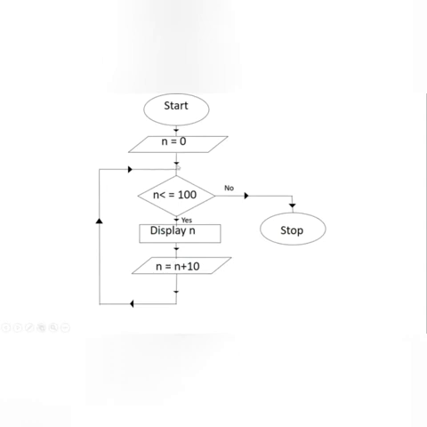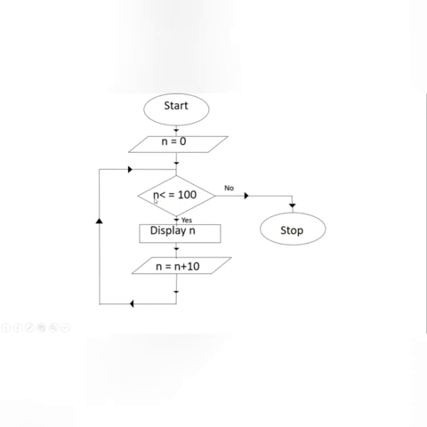The cycle repeats, and then the new question, or the boolean, asks us whether 110 is less than or equal to 100.